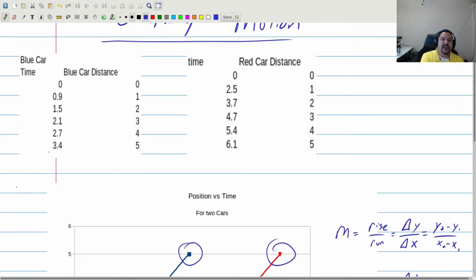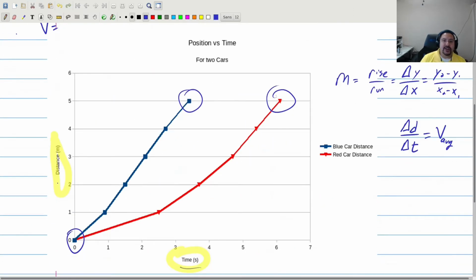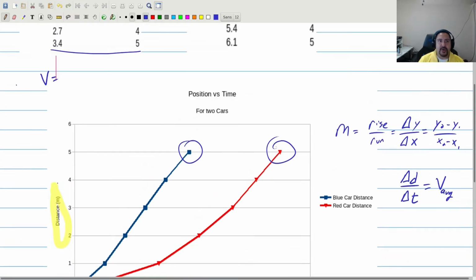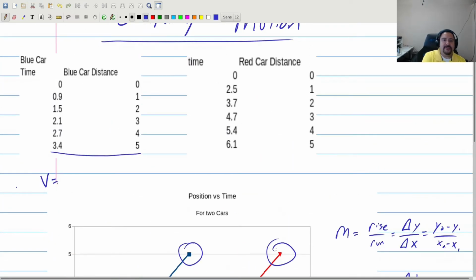So 5 and 3.4. So for the blue car, if I wanted to know its speed, v, I would just find the slope of this line using those 2 points, just like you did in Algebra 1. So for the velocity, it's going to be y2 minus y1 over x2 minus x1.